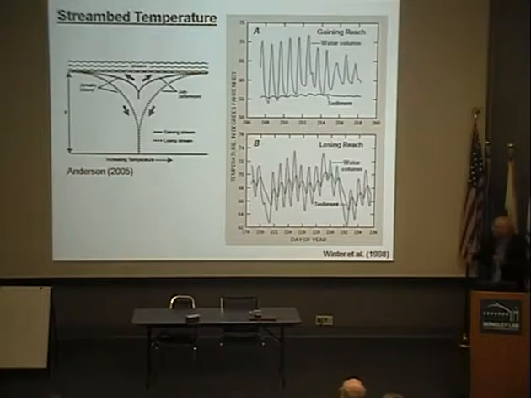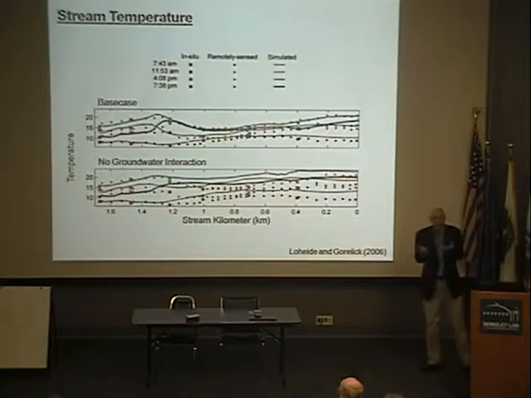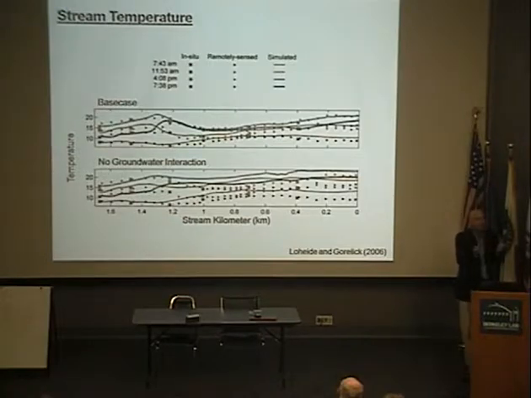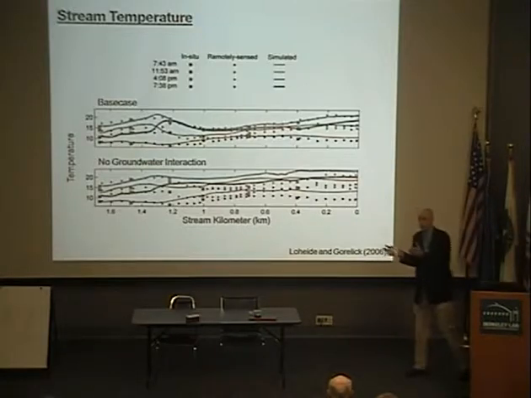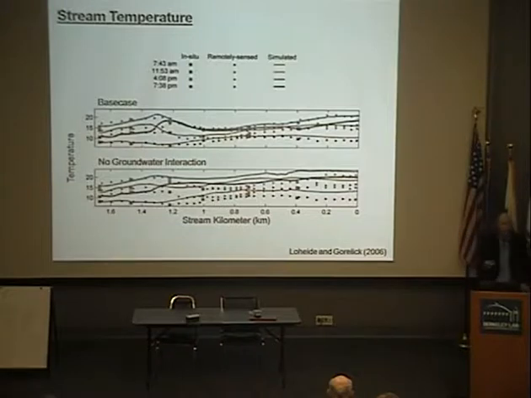The difficulty with that, of course, is again, it's a very local study and relies on thermistors within the stream bed. There's been some quite nice work lately, Steve Lowhide and others have been doing, trying to estimate exchange rates from stream temperatures alone. If you don't need to actually bury something within the stream bed, then the technique is much more suitable for extrapolation.